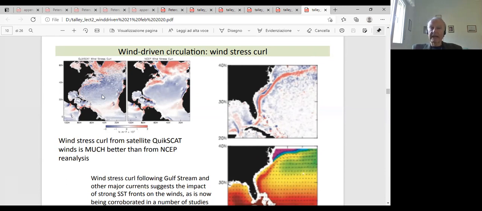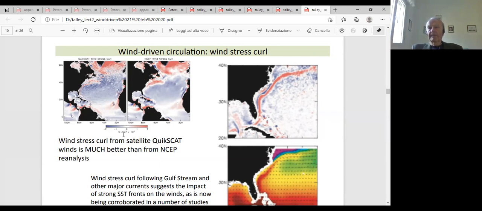So you have here a downwelling. The positive wind stress curl is in mid-latitude polar areas, where you have the upwelling. And then you have the equator. The equator is clearly seen from the equatorial upwelling, which is created due to the wind stress curl, which is positive in the equatorial areas.